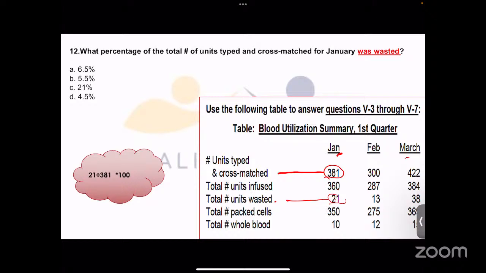So how do we calculate the percentage? We divide the wasted units by total cross-match units. So we have 21 divided by 381 times 100%. The answer is 5.5%. So letter B is the correct answer.